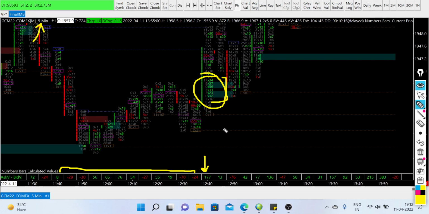So this is a good confirmation that buyers are showing interest over this particular price level or range.